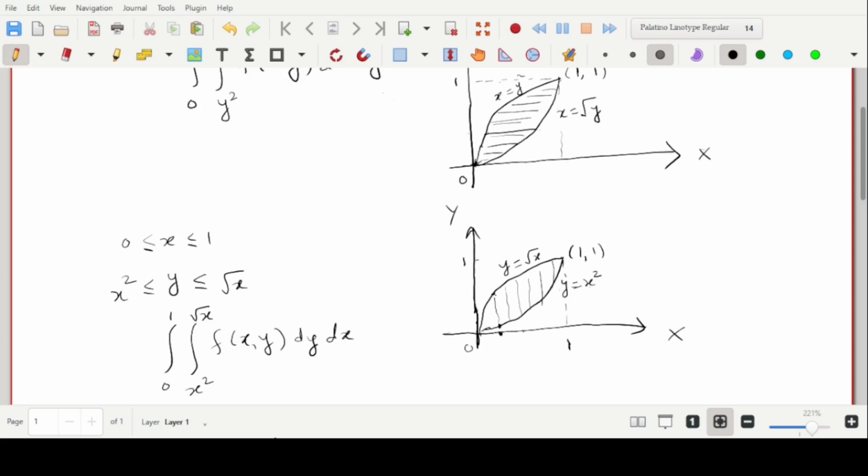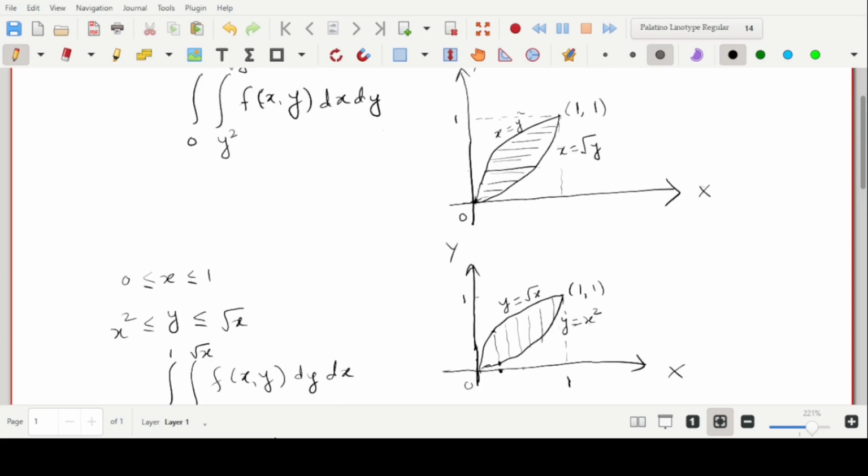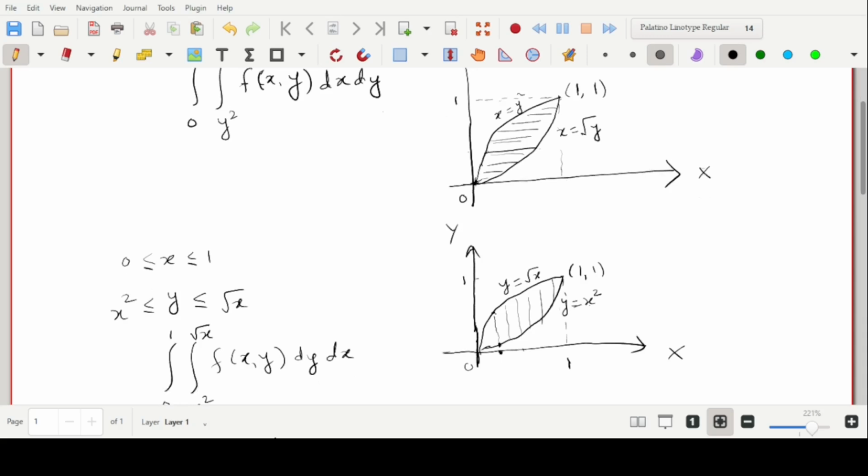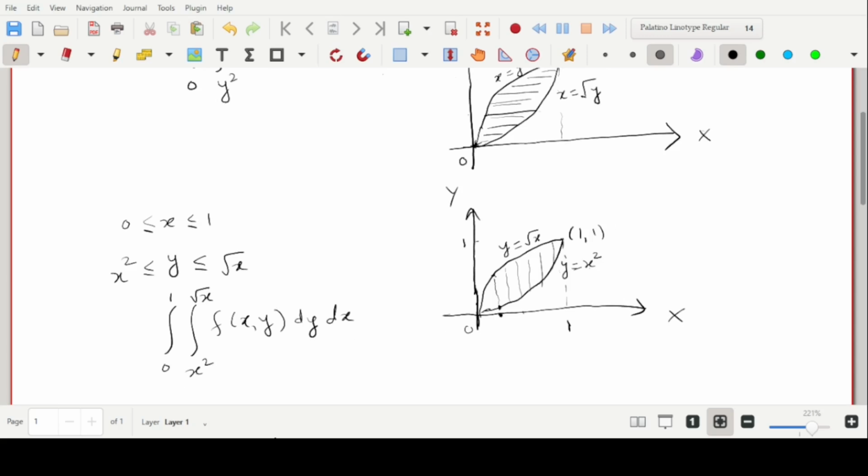So now we have changed the order of integration. Observe here. Okay, here first we integrated with respect to x, and then with respect to y. Here exactly the opposite is happening, first y and then x. This is called changing the order of the integration.